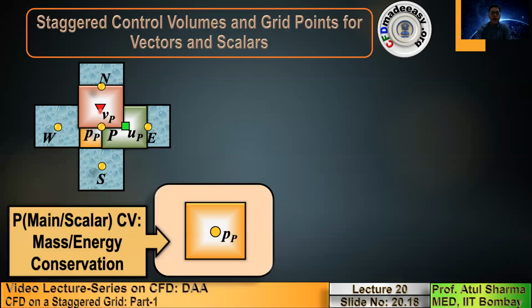The red inverted triangle in conduction was for qy, and then when we went to convection, it is for hy. So the red triangle is for qy and hy, and the green square is for qx and hx.